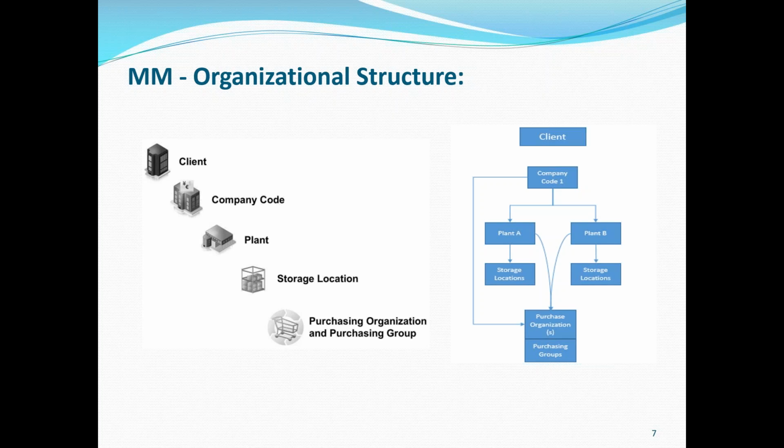From the manufacturing industry point of view, manufacturing or production facilities are considered a plant, and the location within the plant where the materials are stored, whether raw materials or finished products, is represented as a storage location. We will try to understand the different terminologies from the SAP point of view.